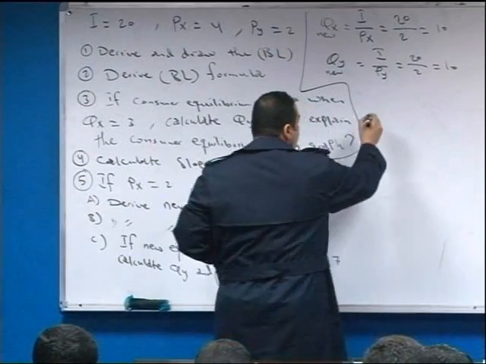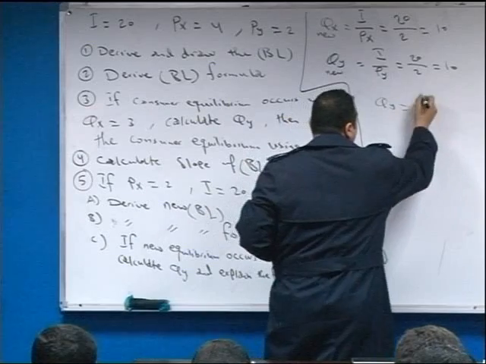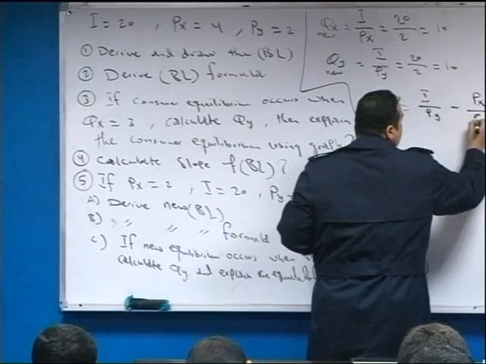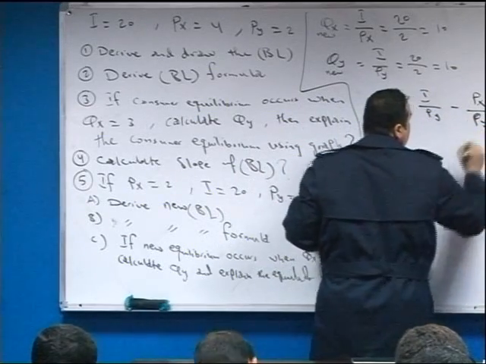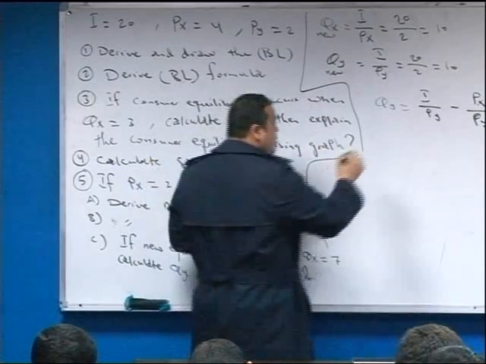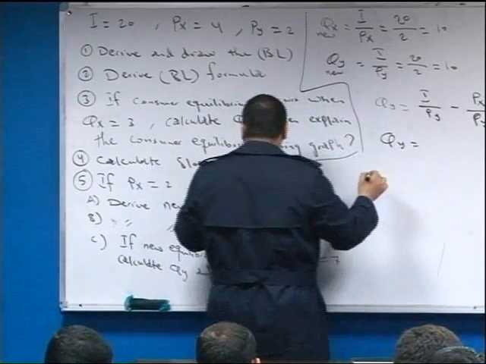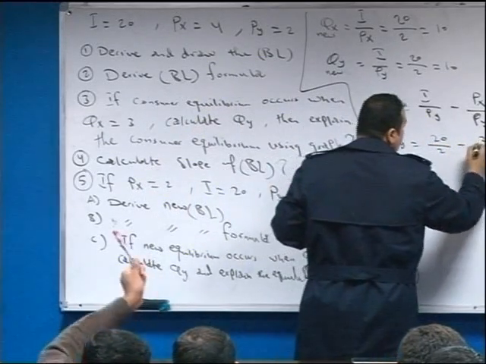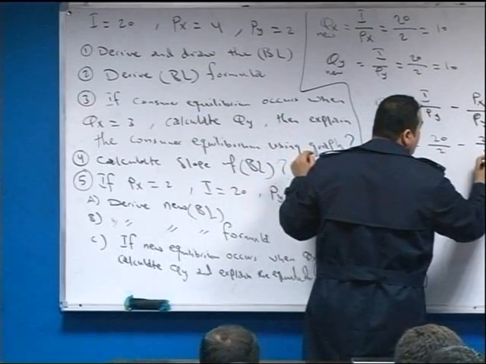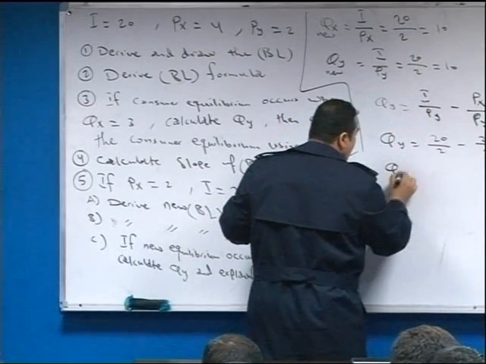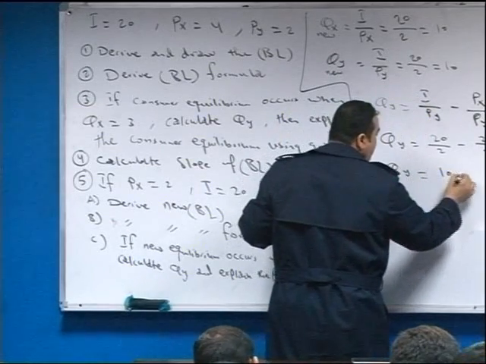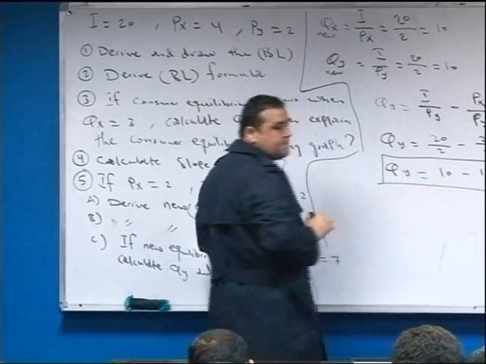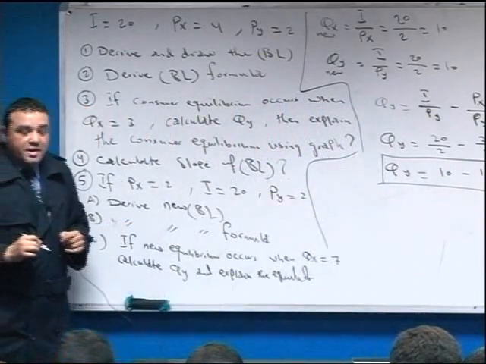The budget line formula: Qy equals I over Py minus Px over Py times Qx. So the new budget line formula: Qy equals 20 over 2 minus the new price of X, 2, over price of Y, 2, times Qx. So Qy equals 10 minus 1 Qx. This is the new budget line formula.